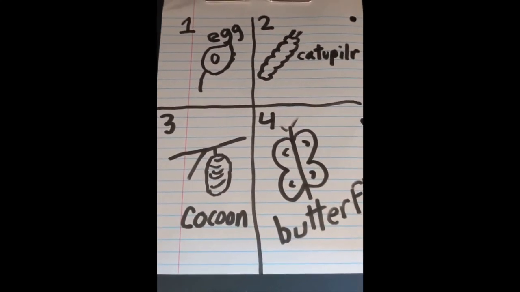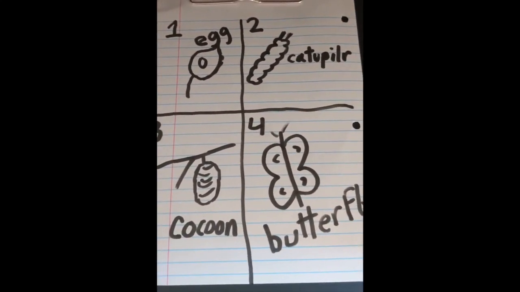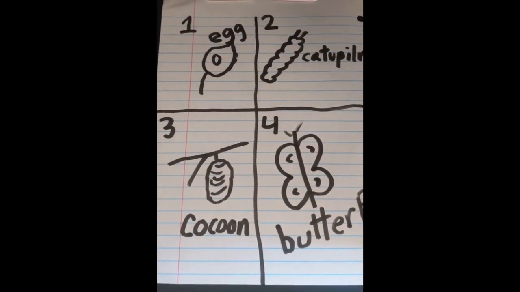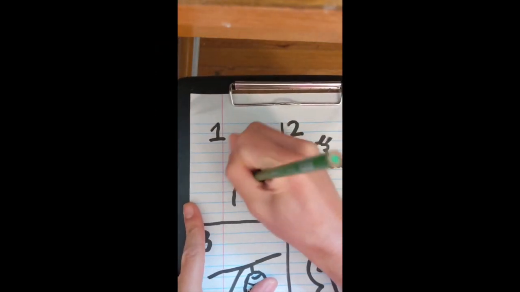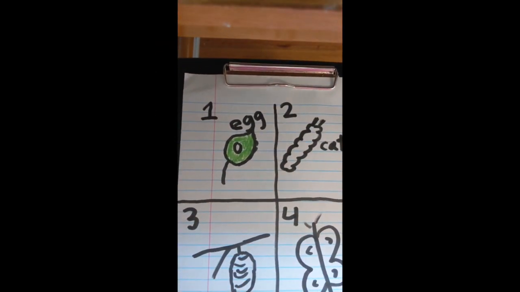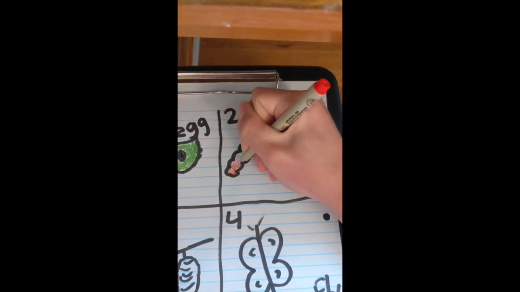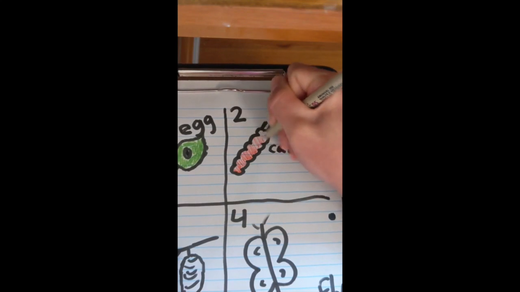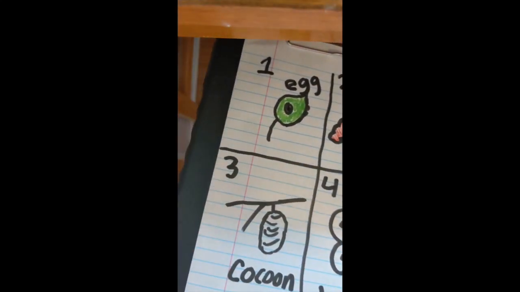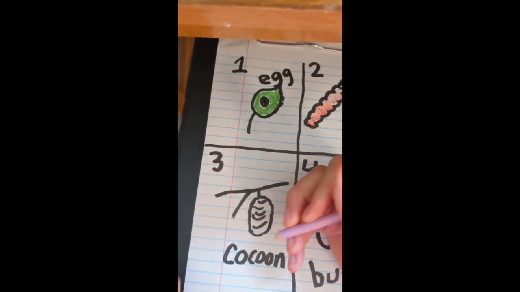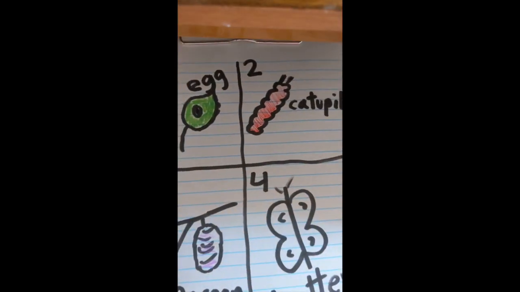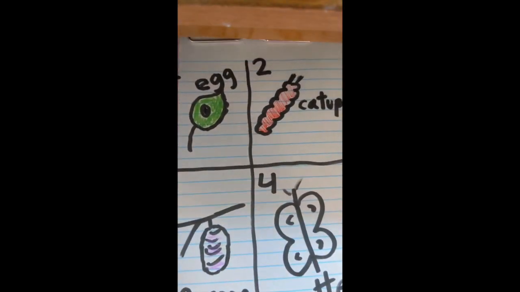And this is what I need you to draw on a piece of paper. Then you want to make sure that you're coloring it in and making it look really nice. And then your work will be done.